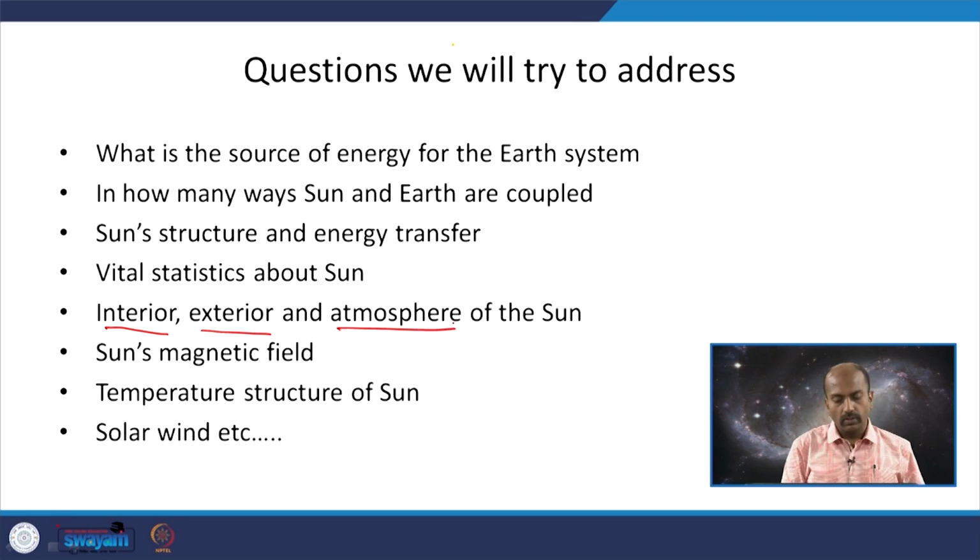These three different parts have different means of energy transfer working in those regions. We will try to see how they are different and what is the physical process which is dominant in these regions. We will try to understand the structure and the shape of the Sun's magnetic field, the temperature structure of the Sun, solar wind, etc. Few important aspects about the solar wind.